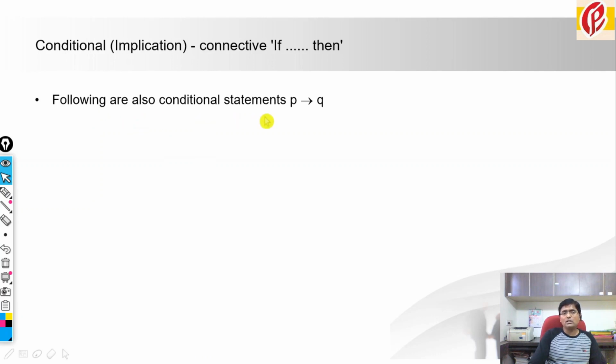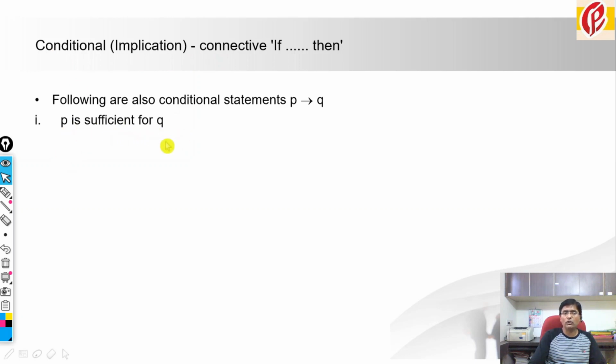Following are also conditional statements. That is P implies Q. Now in a conditional statement, we use if then. But if these words are there, is sufficient for, this is also called a conditional statement.